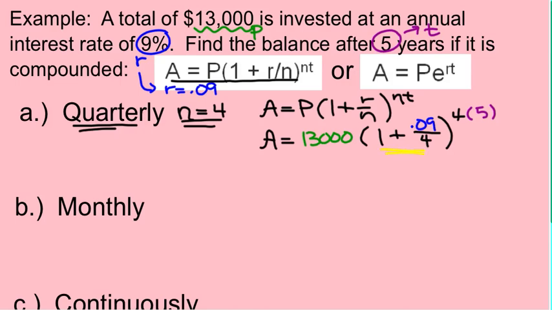First take your fraction, 0.09 divided by 4, you get 0.0225, add 1, and this becomes 1.0225. And for your exponent, 4 times 5 is 20. And then I'm going to leave that 13,000 alone. All right.